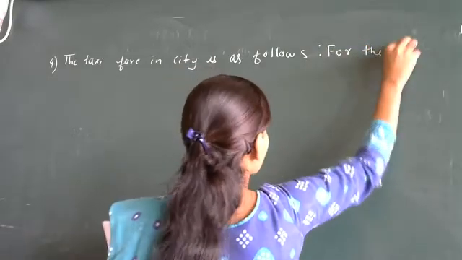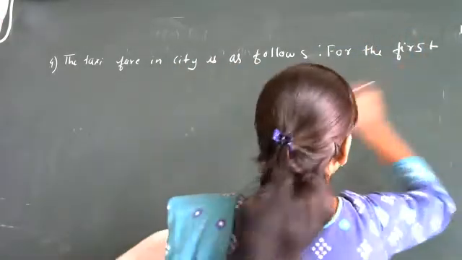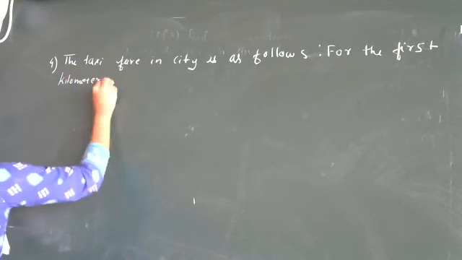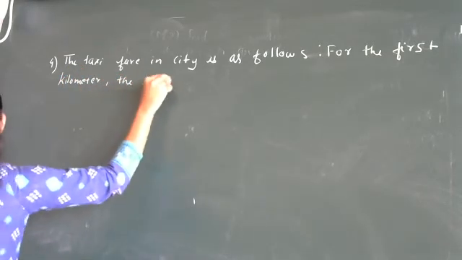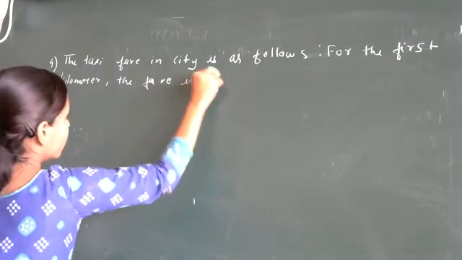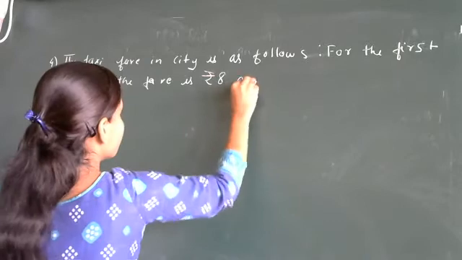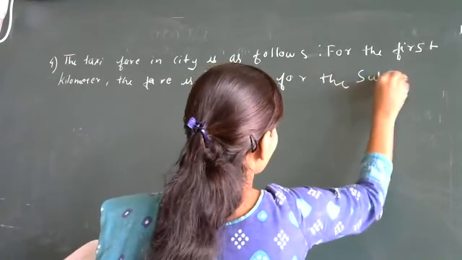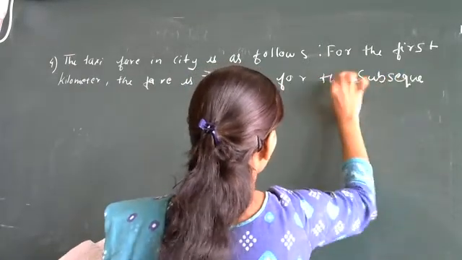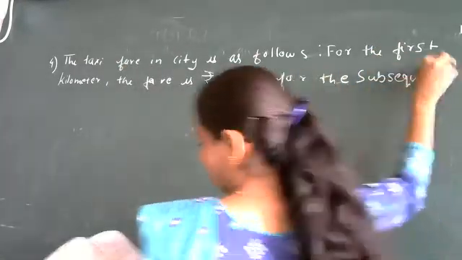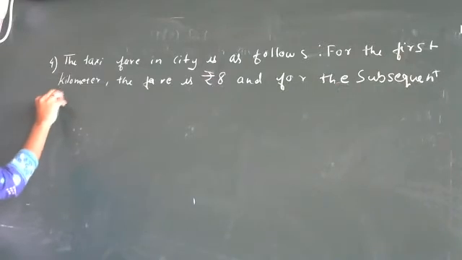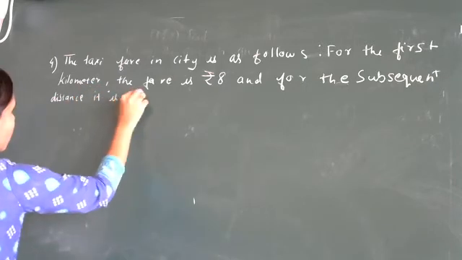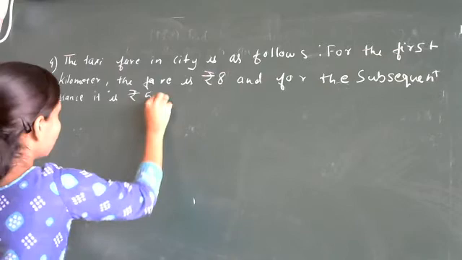For the first kilometer, the fare is rupees 8, and for the subsequent distance, it is rupees 5 per kilometer.